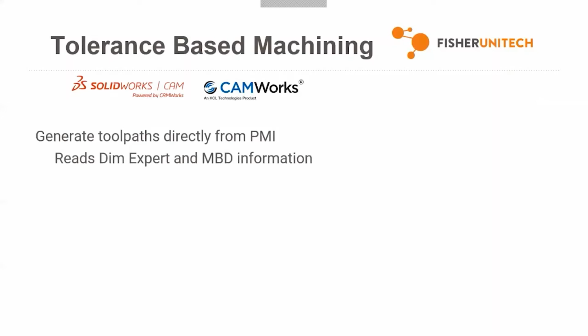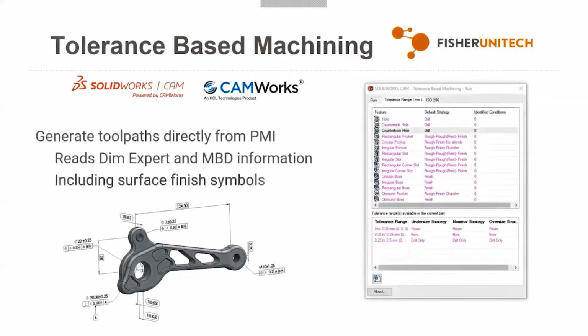What this does is help you get into what we call smart manufacturing, using the digital PMI and MBD to replace the need for 2D drawings. Tolerance-based machining can generate the toolpaths directly from PMI or MBD data.